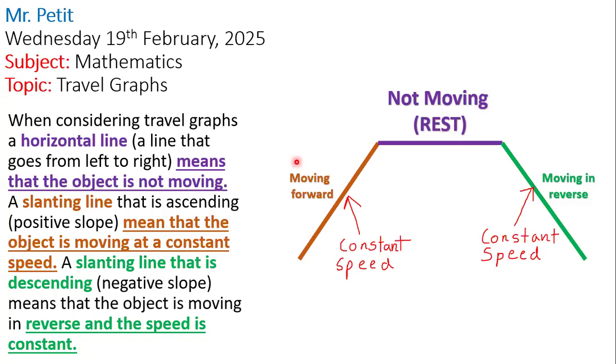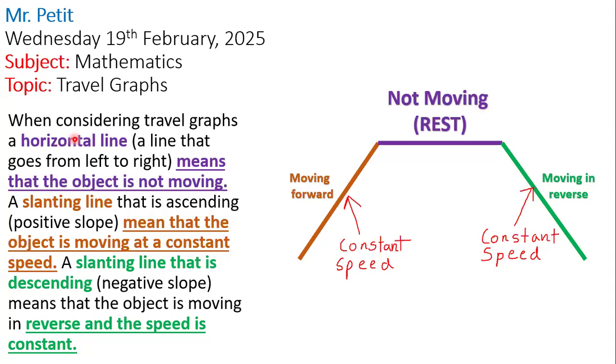All right. So go ahead, Precious. Read this paragraph for me when considering travel graphs. Can you hear me? Yes, I can. Read the paragraph, please. When considering travel graphs, a horizontal line, a line that goes from left to right, means that the object is not moving.